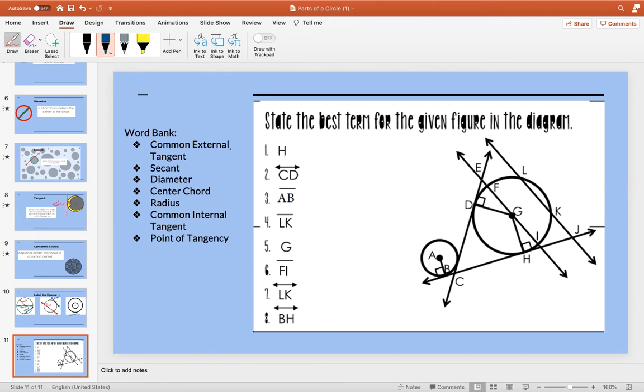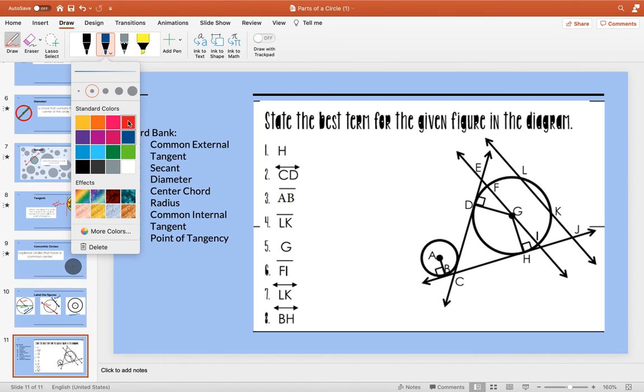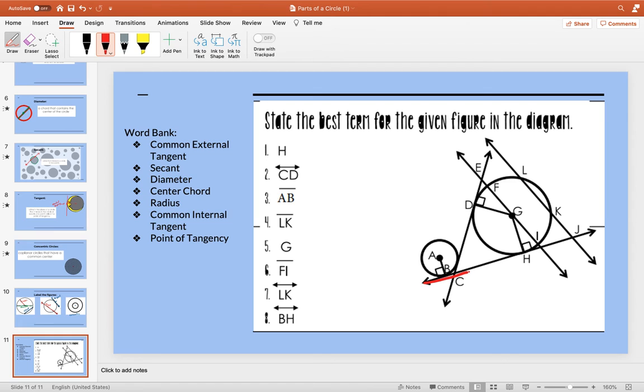And all of these things, a couple different ideas, a common external tangent. That is something that we have not really talked about, but a common external tangent is a tangent that intersects the circle right outside here. So that red thing, we might call our common external tangent.